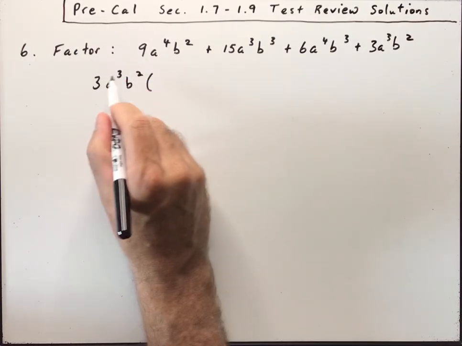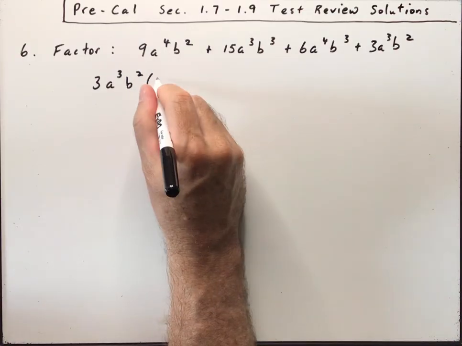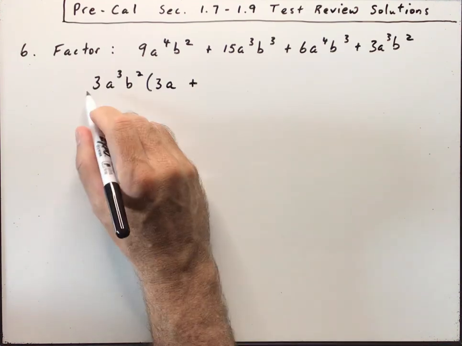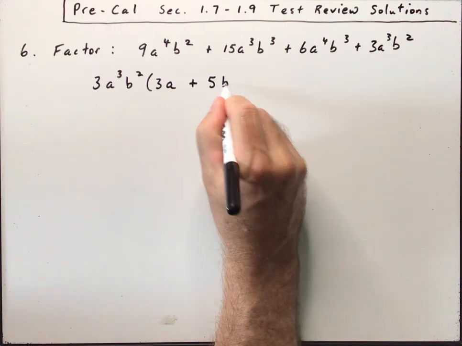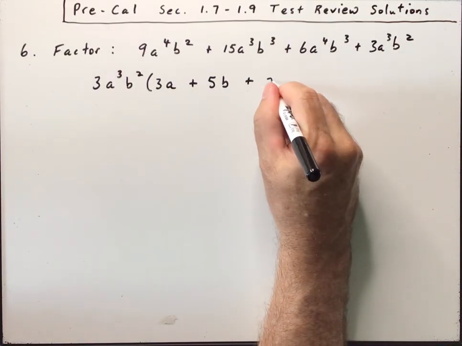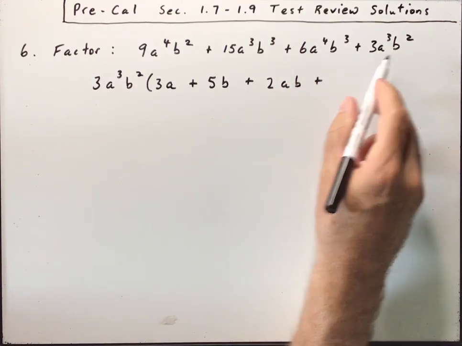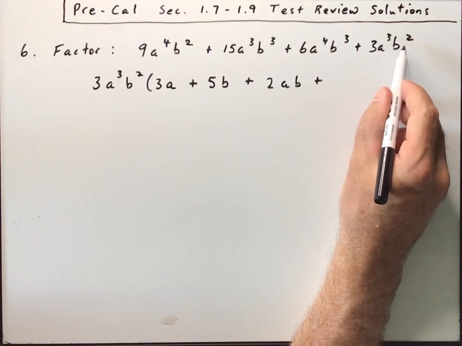Dividing this greatest common factor into this first term would be 3a. And then dividing this into the second term would be 5b. And then dividing the GCF into the third term would be 2ab. And then in the fourth term, they're the same, right? 3a cubed b squared.